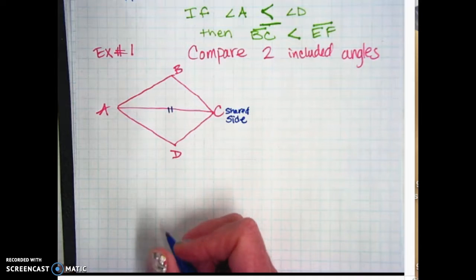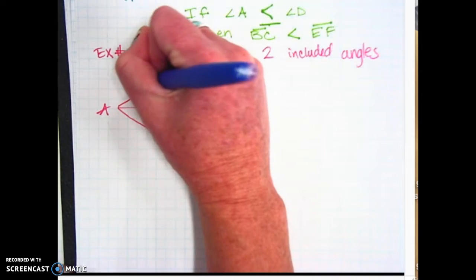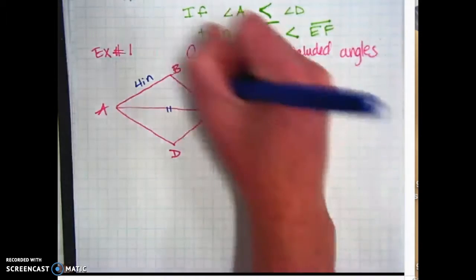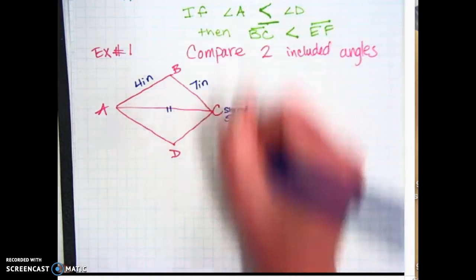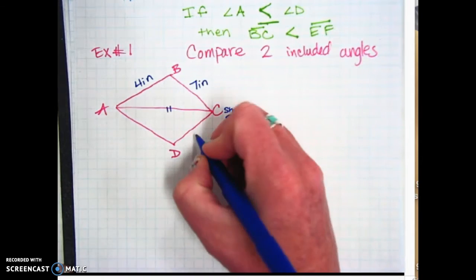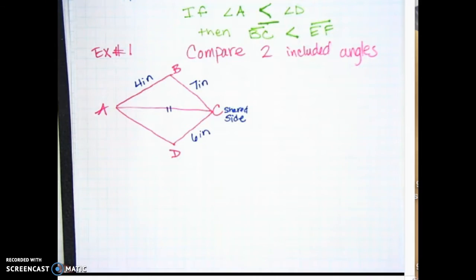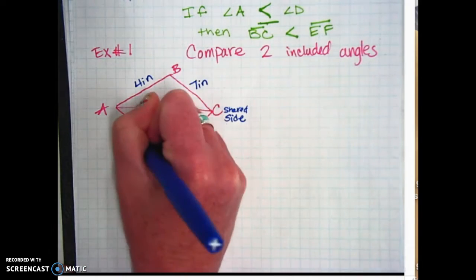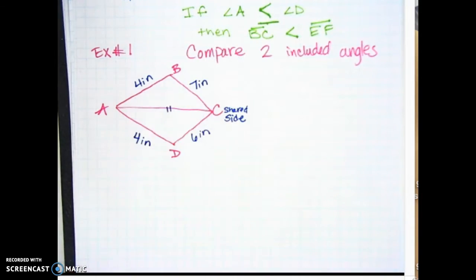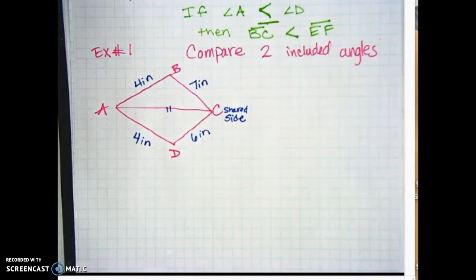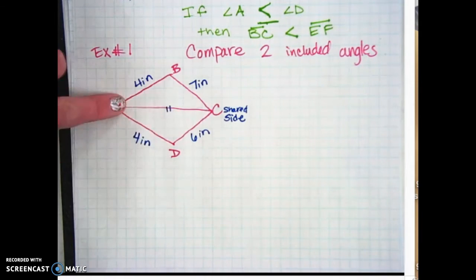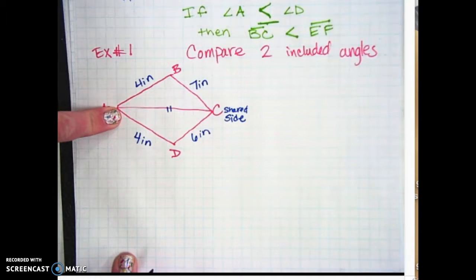Then I'm going to tell you that side AB is 4 inches, side BC is 7 inches, side CD is 6 inches, and side AD is 4 inches. Well, between these two triangles, we've already got the shared side that's congruent to itself.